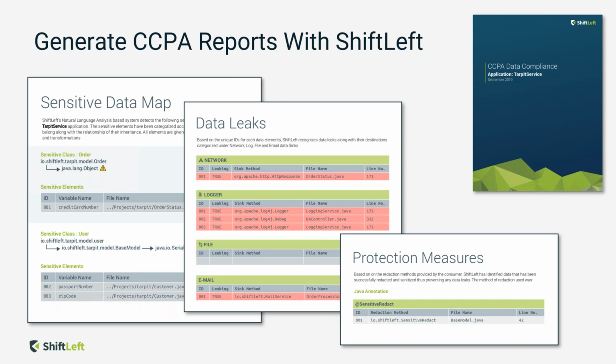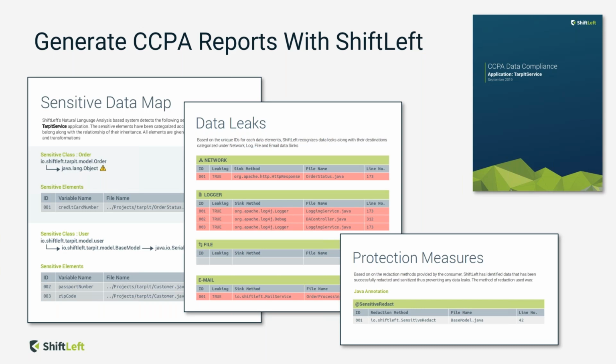So that's that second image on data leaks. We say, okay, this information is now leaking into these areas. So network, into logs. Okay, we don't see any leaks happening into files. We see this leaking over an email service.